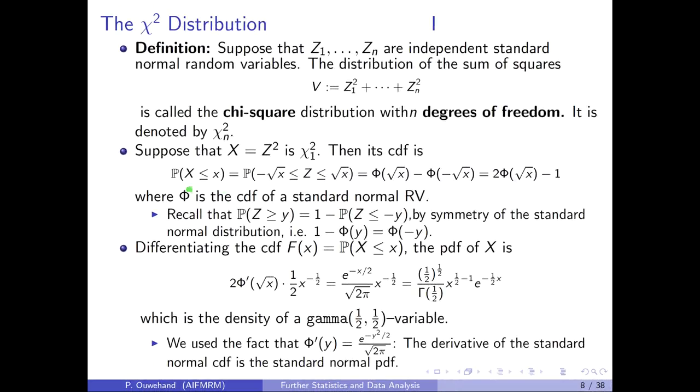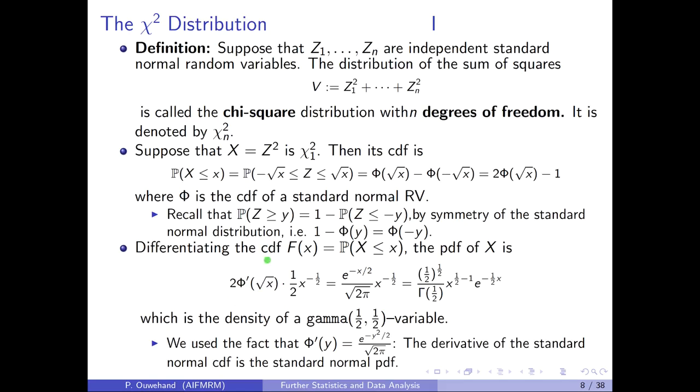Now this is just the CDF of the random variable X equals Z squared, and if you differentiate the CDF, you get the PDF. So the PDF of X, in other words the PDF of a random variable which is chi-squared distributed with 1 degree of freedom, is given by twice the derivative of phi evaluated at the square root of x times the derivative of the square root of x, which is a half x to the minus a half.